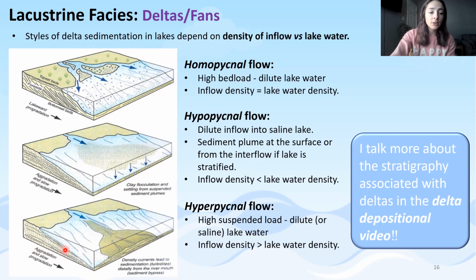And then you have aggradation and slow progradation again in the lower hyperpycnal flow regime. And then you have probably the most easily recognizable characteristic of hyperpycnal flows, which are turbidites.